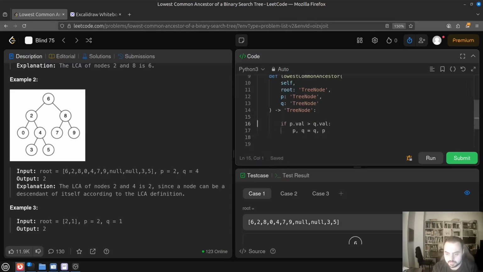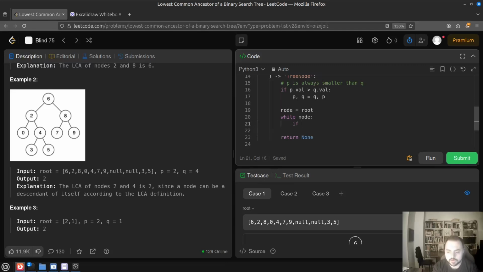So let's decide: P will be the smaller one, always smaller than Q. So if P is greater than Q, then we swap to have this condition always met. And then we try to iterate, starting at the root. While the node is still valid, we do something, and in the end, we return None.